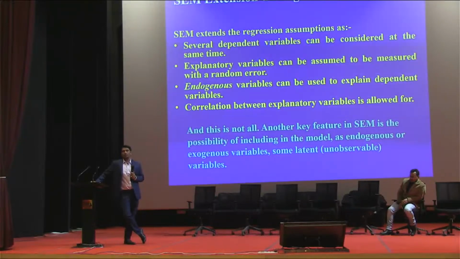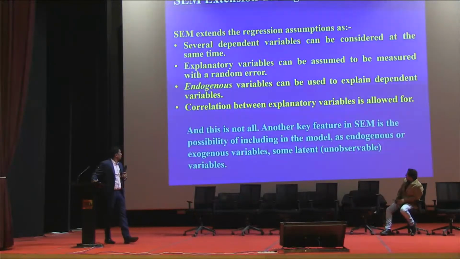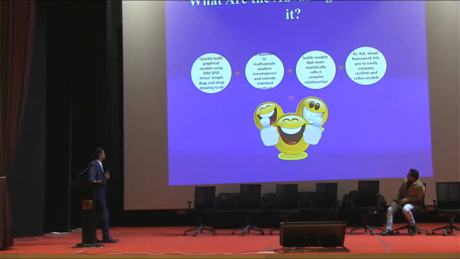Latent constructs could be of two types here. Variables also can be endogenous or exogenous. Endogenous is simply a different nomenclature for the dependent variable, and exogenous is a different nomenclature for the independent variables. So these are the different nomenclatures which you would usually see in structural equation modeling.